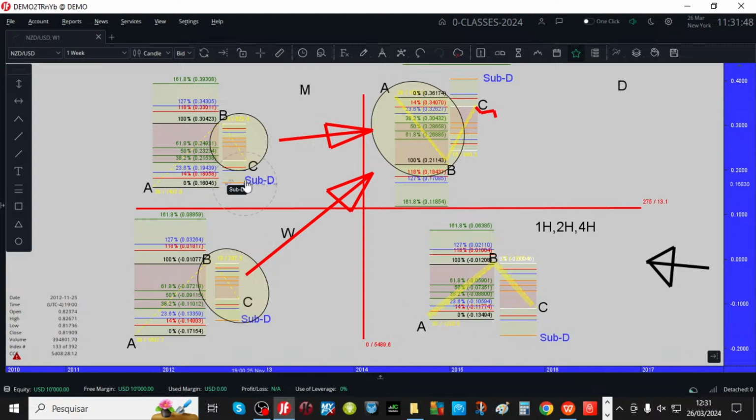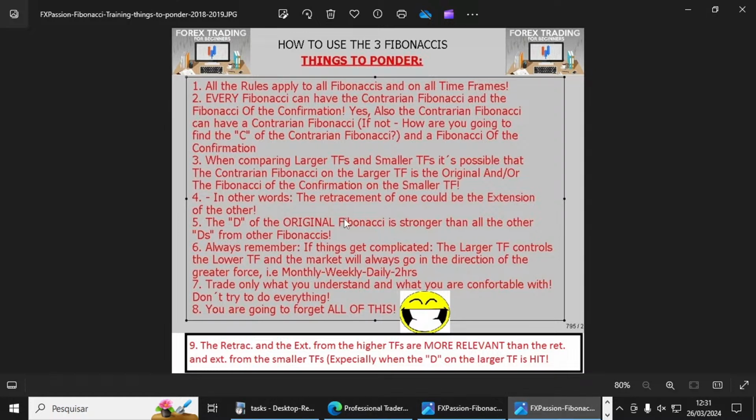It's possible that the contrarian Fibonacci on the larger time frame equals the original Fibonacci from the smaller time frame. Quite possible. In other words, the retracement of one could be the extension of the other.